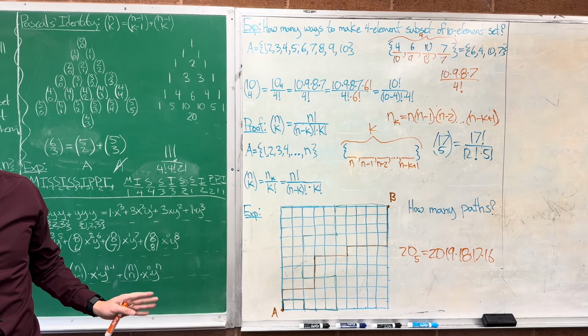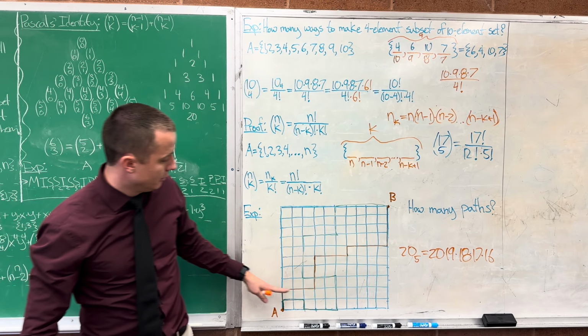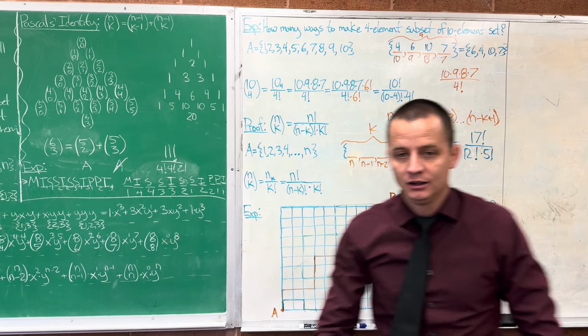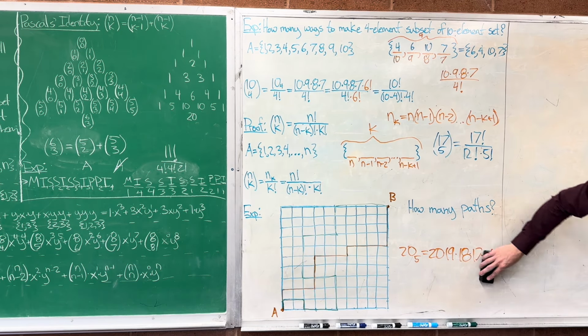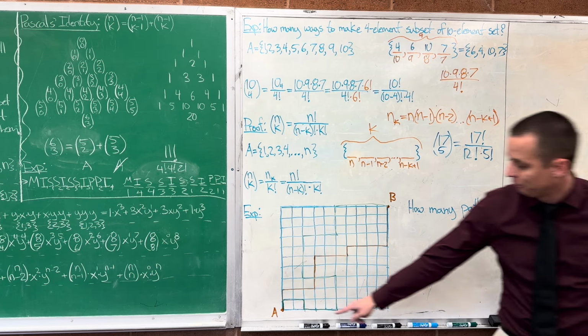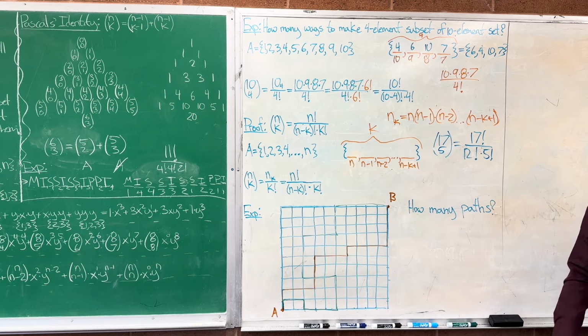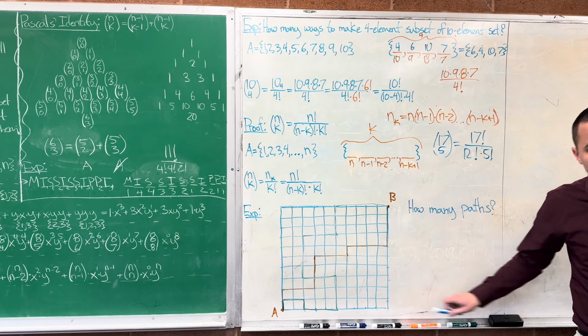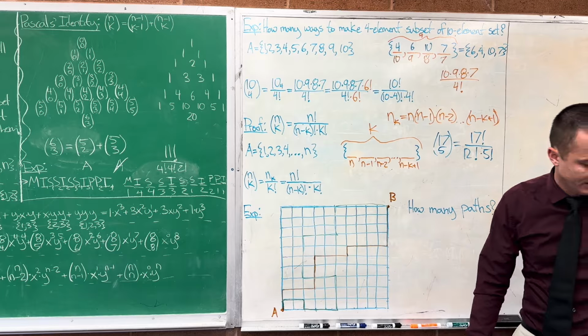No backtracking. You either always have to be moving to the right or moving up. So the question now is, how many different paths can we take through this city, getting from point A to point B? That's our problem. It's what I want you guys to think about and try to come up with a solution for. How might we count that?